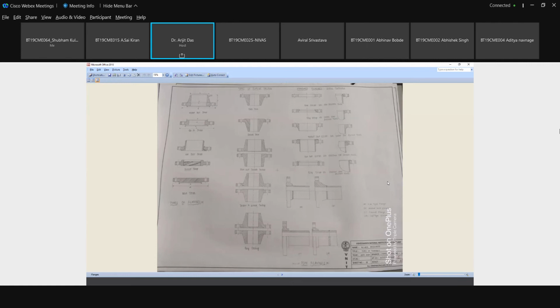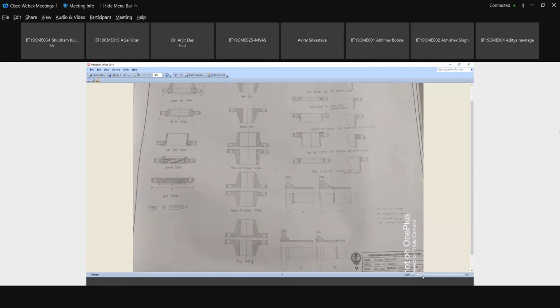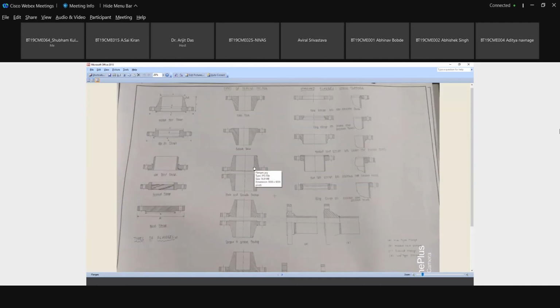Okay, and so in the left, okay, if I zoom it, yes, you can see that is the welded neck flange, slip-on flange, lap joint, screwed flange, blind flange.